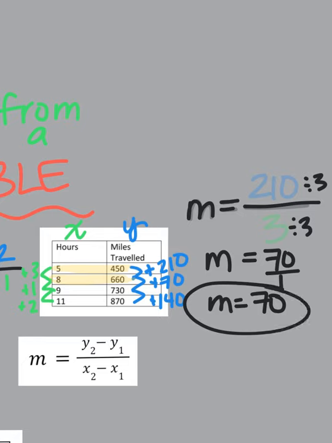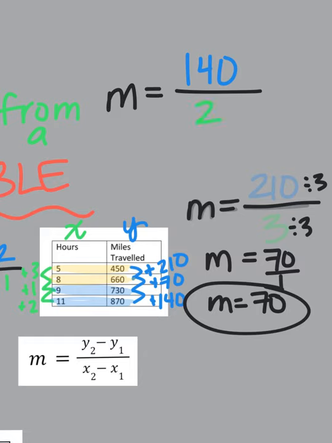Okay, now to check, let's check 2 more points just to make sure we're really dealing with a line. So let's check these 2 points. All right. m equals, so what was happening in my y's there was they went up by 140, and in my x's, they went up by 2.